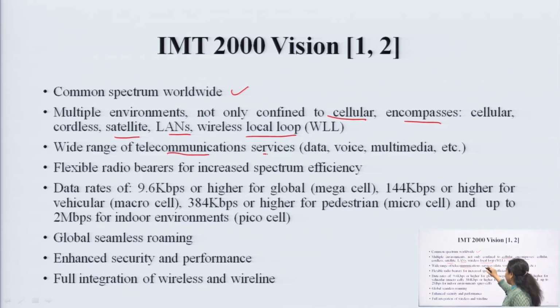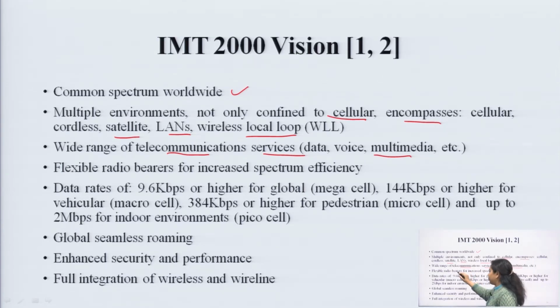Then a wide range of telecommunication services are provided, like data, voice, and multimedia, meaning it will be used to transmit data and voice signals, that is the speech signal, which is one dimensional. Multimedia signals can be transmitted, which can be two dimensional; images are two dimensional, videos are three dimensional. So, whatever data you have, like a speech signal or any kind of picture, any kind of file, document files, or emails, that will also be supported by the IMT-2000 technique.